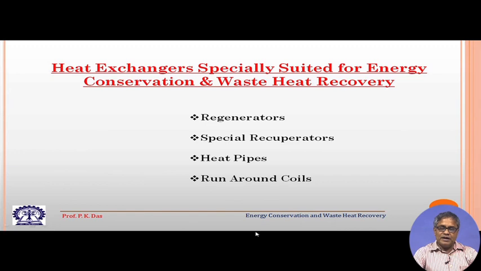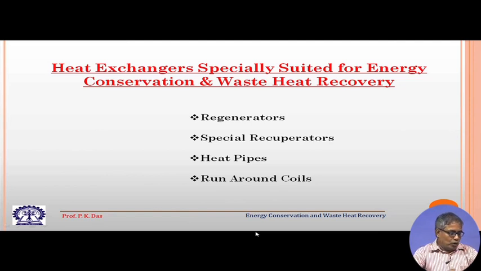In a regenerator, this storage material is very important and that is sometimes also called the matrix, as I have mentioned. The matrix could be stationary or we can have some sort of rotation of the matrix.